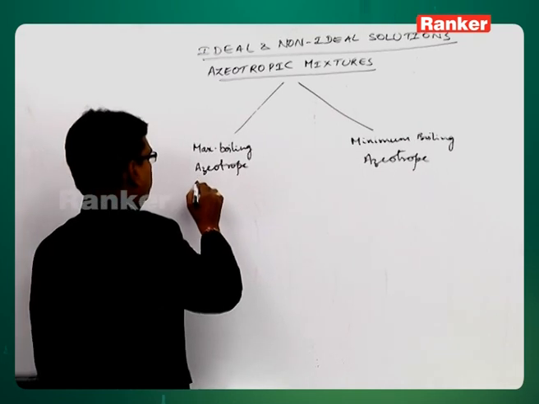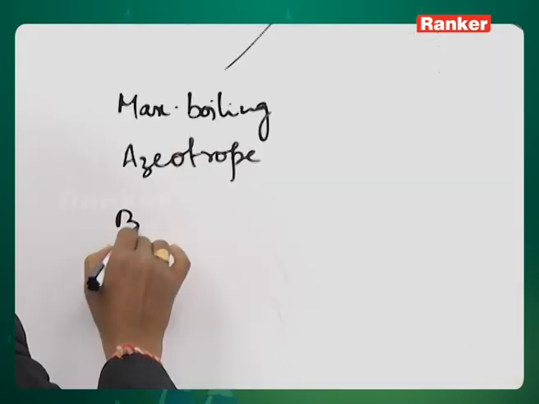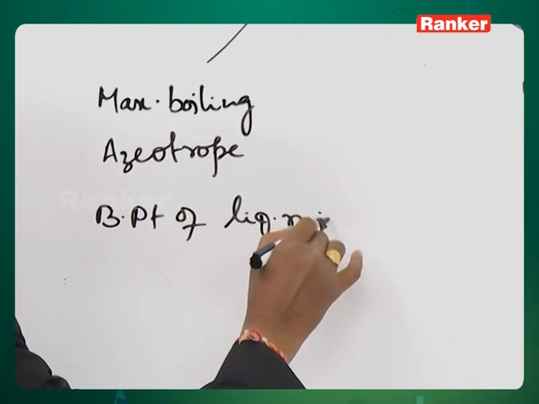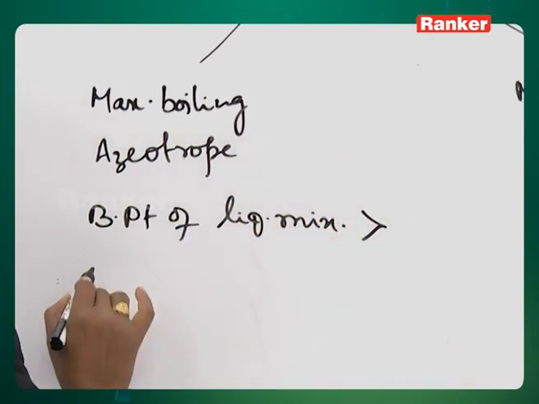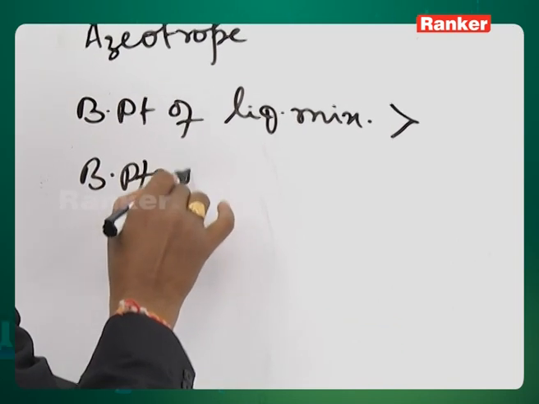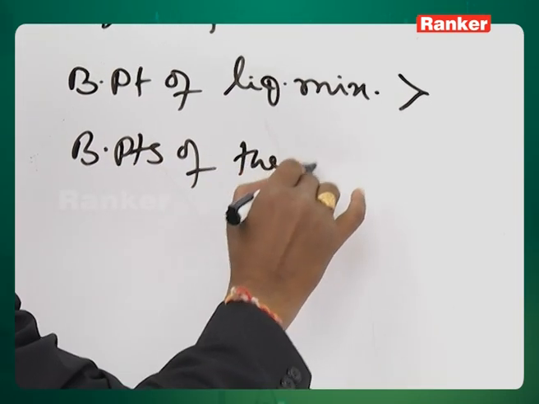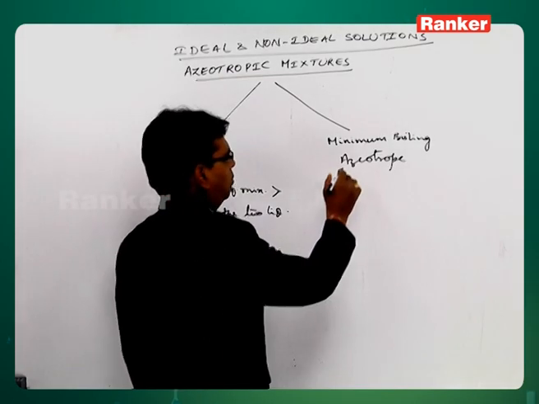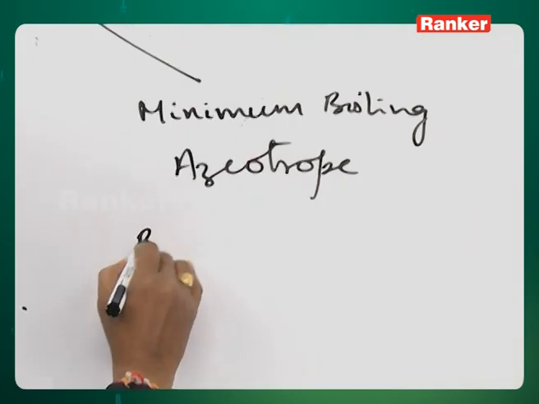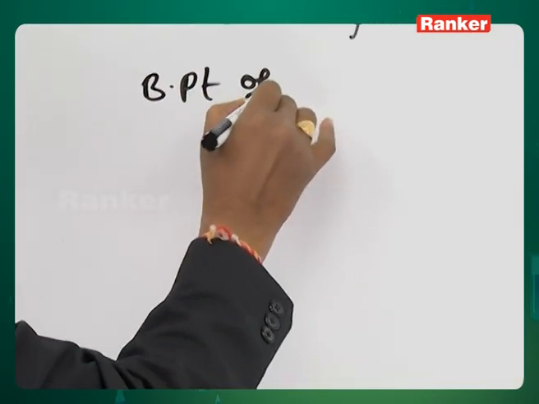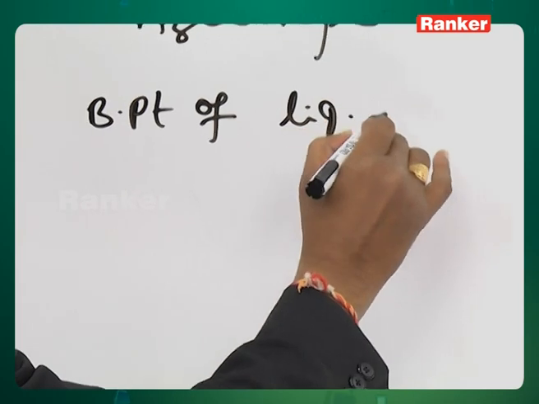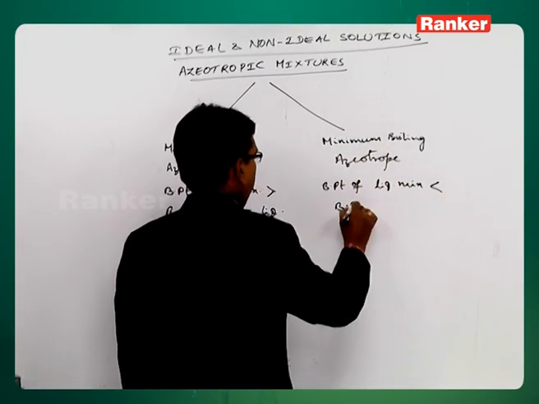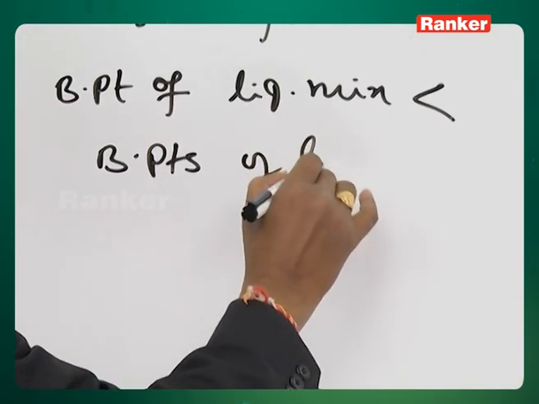Maximum boiling azeotrope means the boiling point of liquid mixture is greater than boiling points of the two liquids. So obviously minimum boiling azeotrope is the one in which boiling point of liquid mixture is less than boiling points of two liquids.